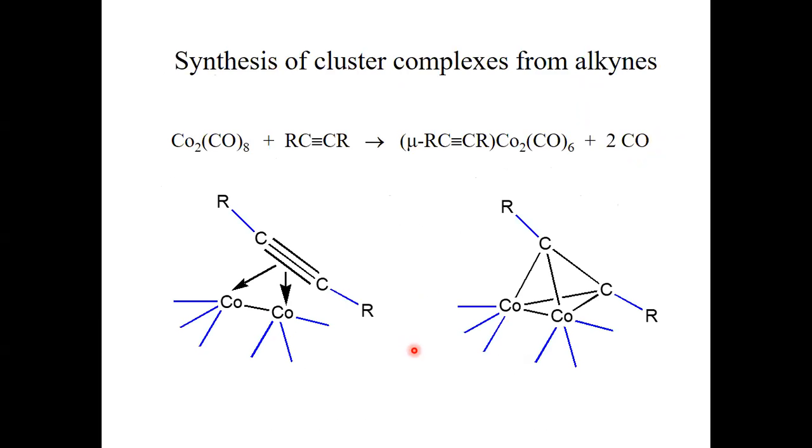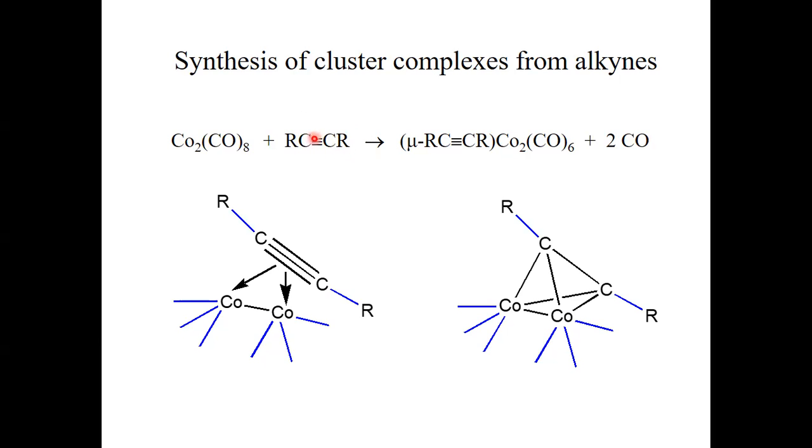When you look at how you can synthesize these molecules, you find that you can indeed synthesize them from an alkyne that then binds on the transition metals in order to make the cluster compound. So for instance, this cluster here can be made from the dimeric cobalt carbonyl and an alkyne.